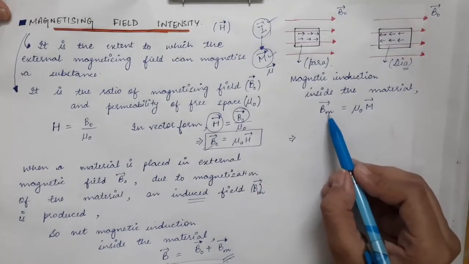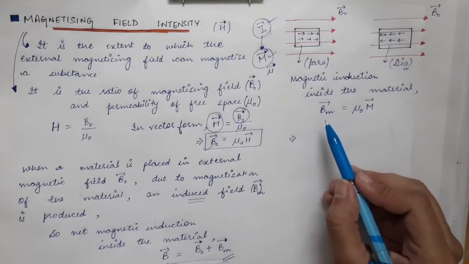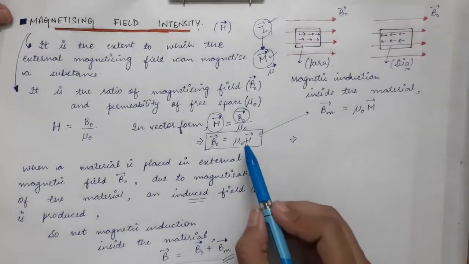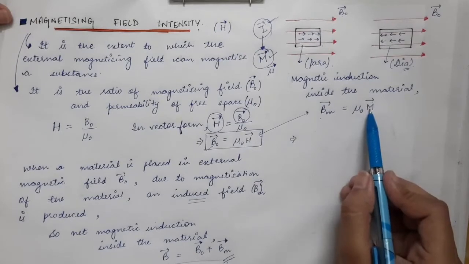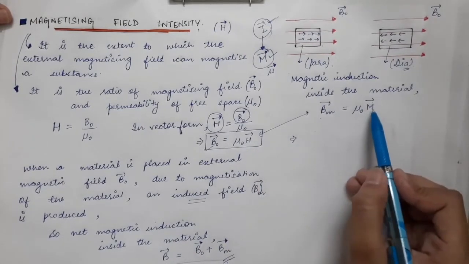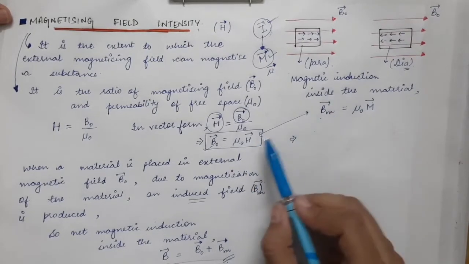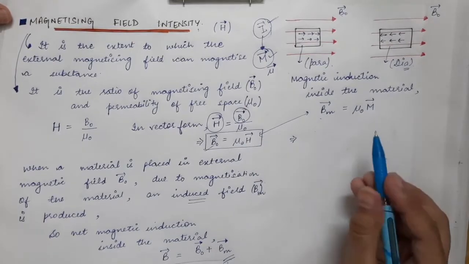This magnetic field which is induced inside the sample is a result of magnetization. So H vector and M vector will have the same units. This is the magnetizing field intensity and this is the intensity of magnetization. From these two equations you can see that H vector and M vector have the same units.